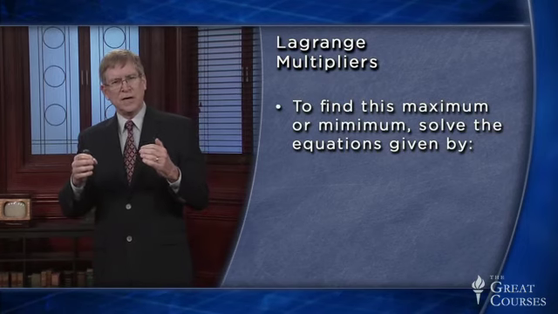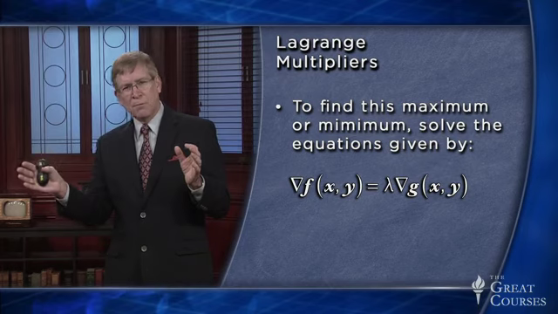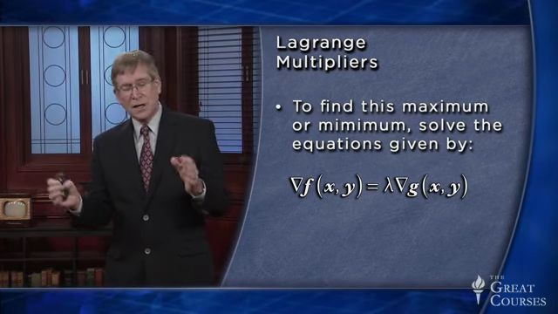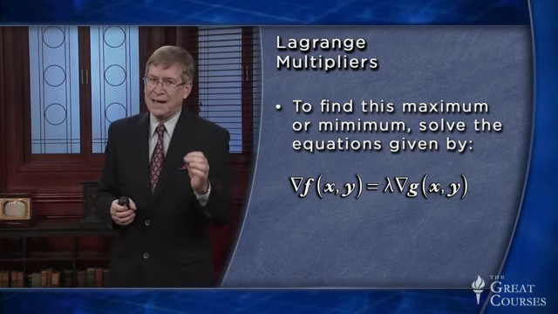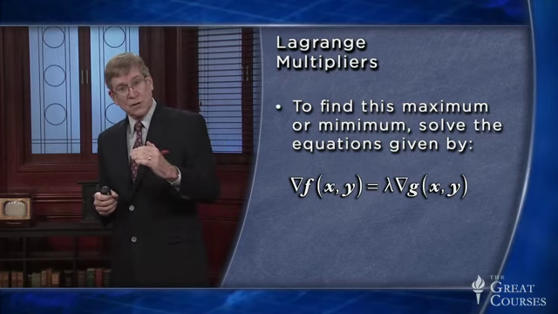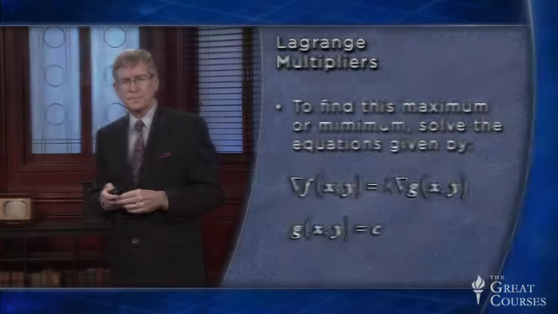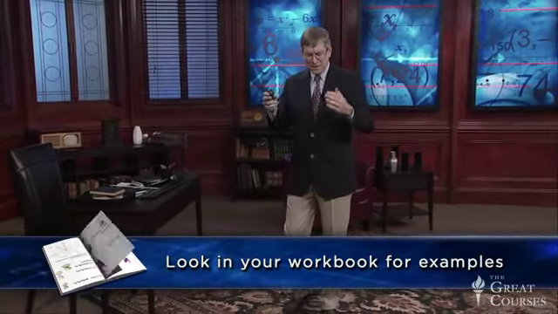You solve the equations that arise from setting the gradient of f equal to a multiple of the gradient of g. Gradient of f equals lambda gradient of g, and you add to those equations the constraint g of x, y equals c. Now you'll find some examples in the workbook to try your hand.